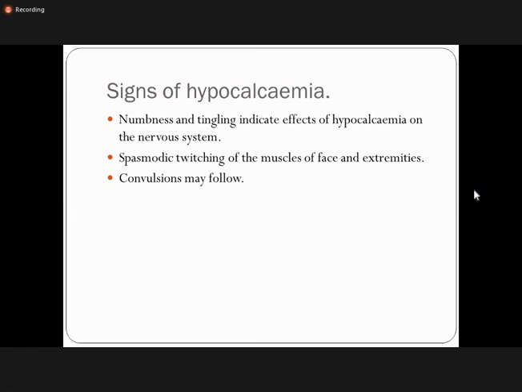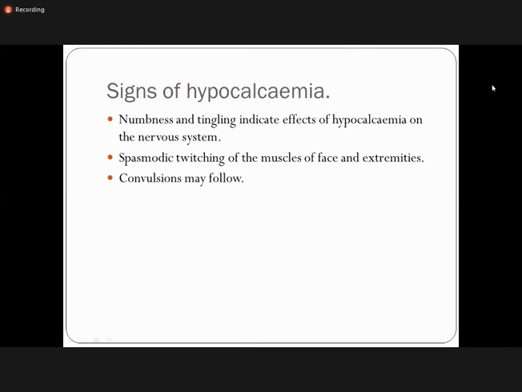Now, can any one of you just type in the chat box? Don't read the slides. If you might know what is hypocalcemia, it's just low serum calcium. What happens when we have low serum calcium? Come on. Any one of you? I've got around 230 plus participants. Guys, anyone? You don't need to raise your hand, Osama. You can just type in the chat box. Okay, I don't know what to do when you raise your hand. Just type in the chat box.